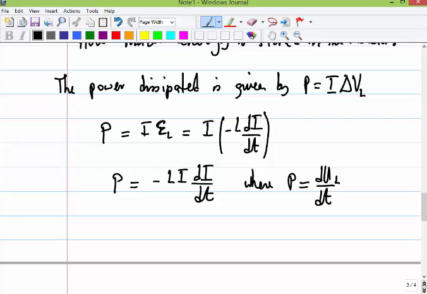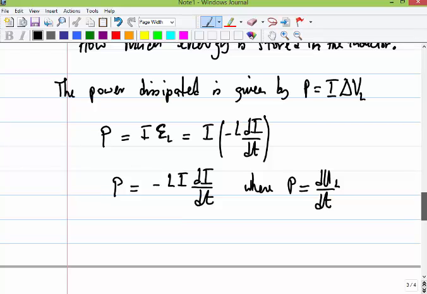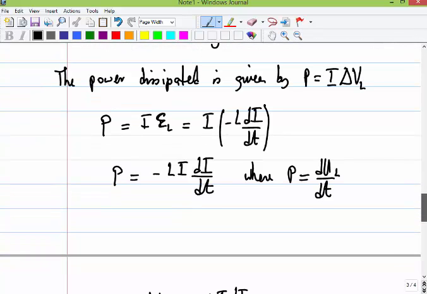Let me make sure that I'm getting the energy use. And let me see. So the energy is being transferred. So the energy is being lost. Okay, so this is the energy in the inductor.